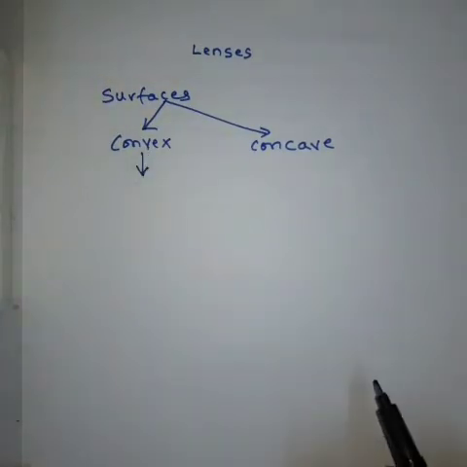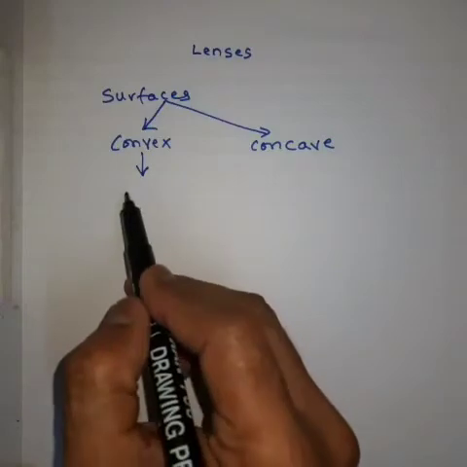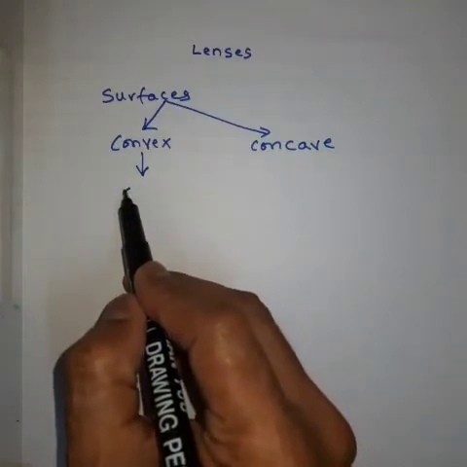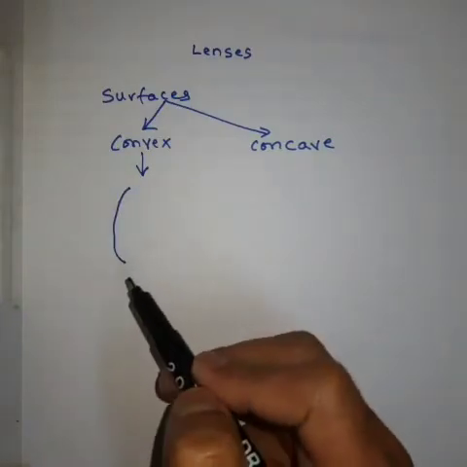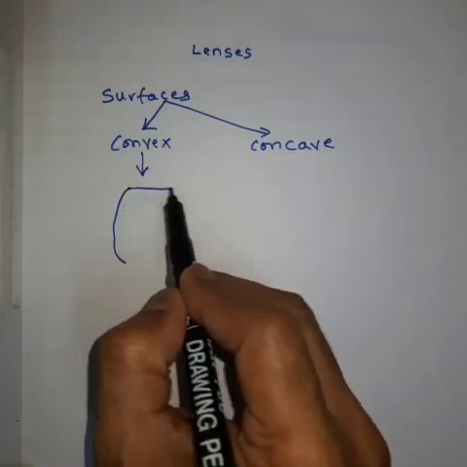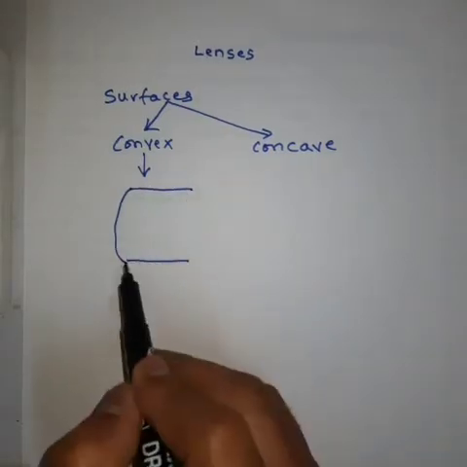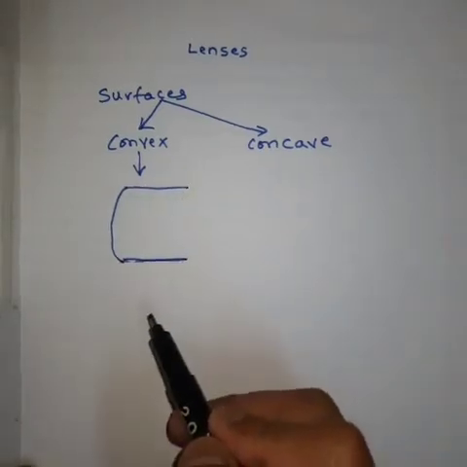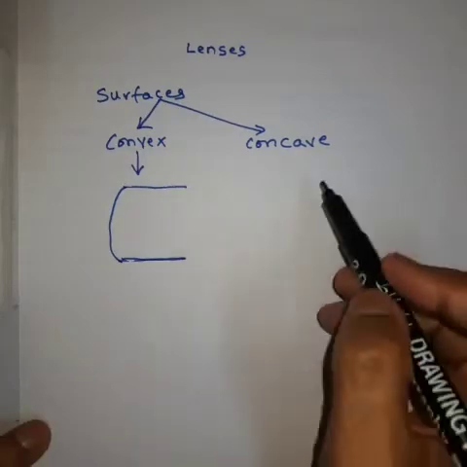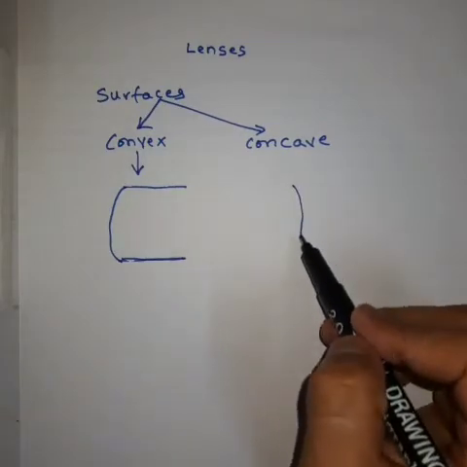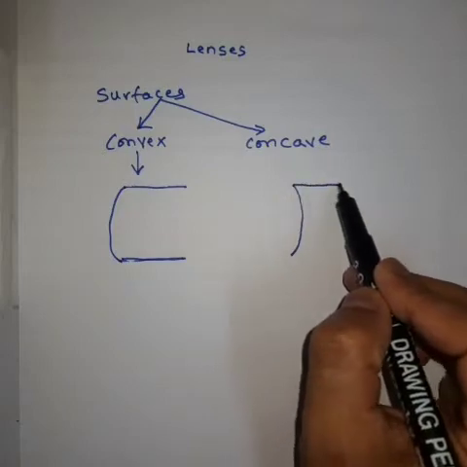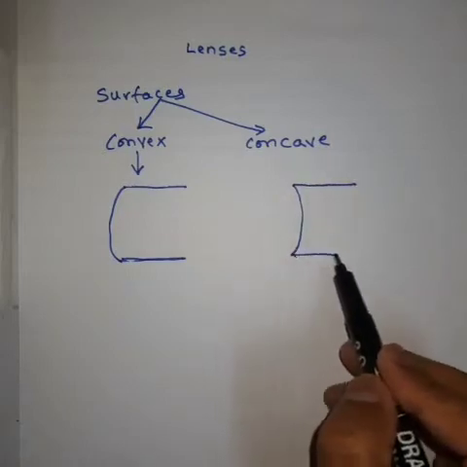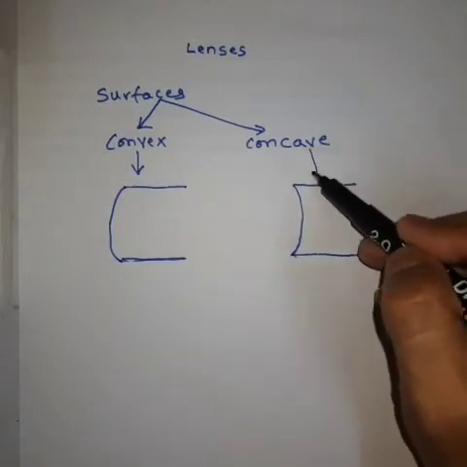A convex spherical surface would look something like this, and a concave one would look something like this.